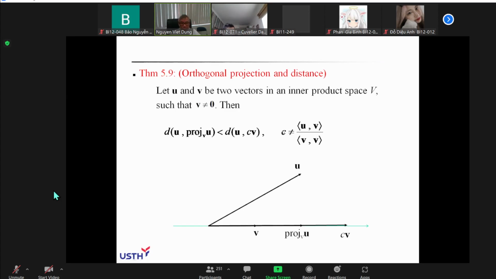And I require that C is different from that number, so that CV cannot be that point. That point and that point cannot coincide with each other.